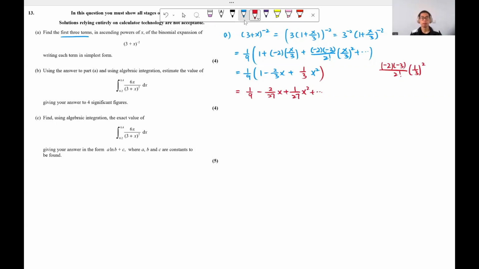Okay, and then part B. Use the answer in part A to estimate the value. So we have the integral from 0.2 to 0.4 of 6x over (3 + x)^2 dx. To simplify that, we can change it into index form, which is 6x times (3 + x)^(-2) dx.